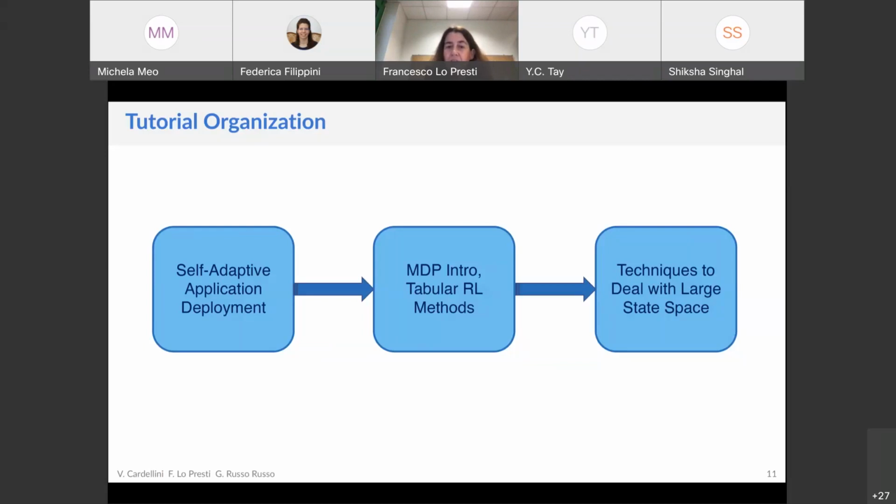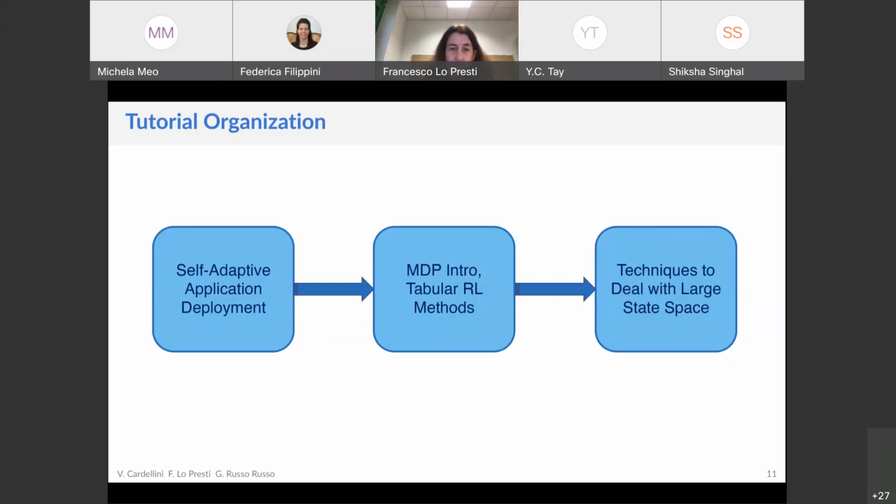Then my colleague Francesco will present a brief introduction to Markovian decision process, and then he will deal with methods for tabular reinforcement learning, where you have a small space of states and actions. And then my colleague Gabriele will introduce you to more advanced techniques that you can use to deal with large state space.